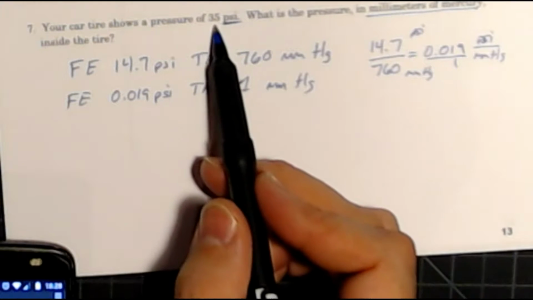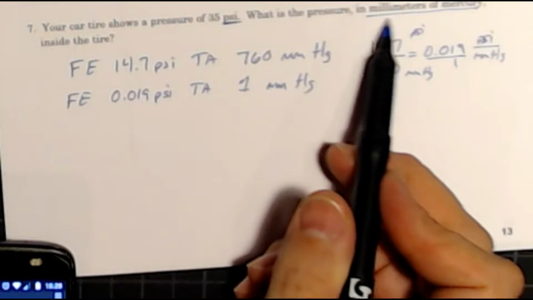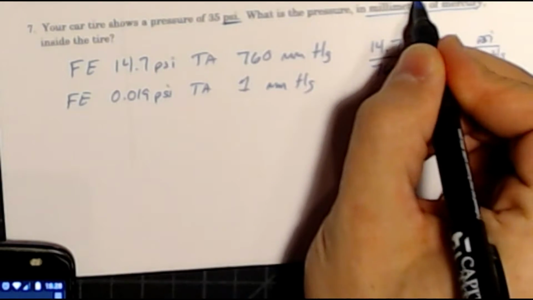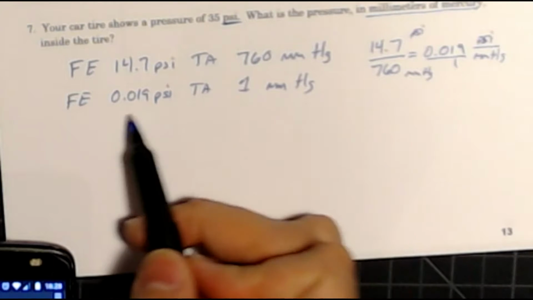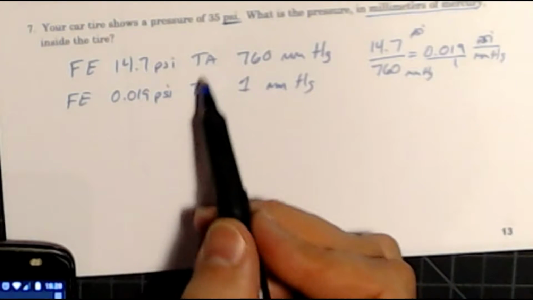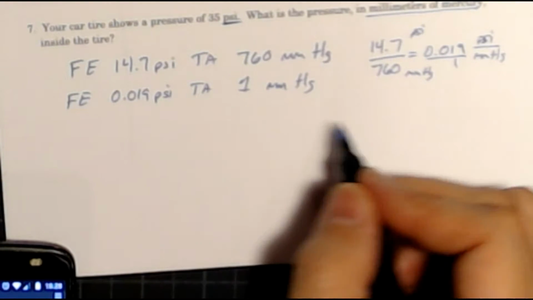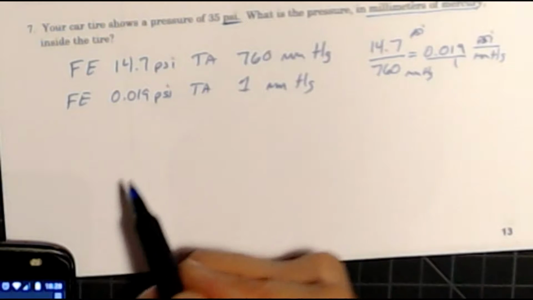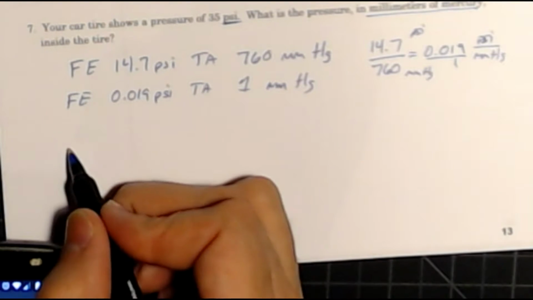And then we got this 35, and then question mark. We're asking, how many millimeters of mercury do we have if we have 35 psi? Well, this doesn't jump out at me as being immediately useful. And that doesn't mean it's not, and some of you might see math you can do there. But let's flip this over and rewrite this sentence and see if we can get something that's easier to look at.